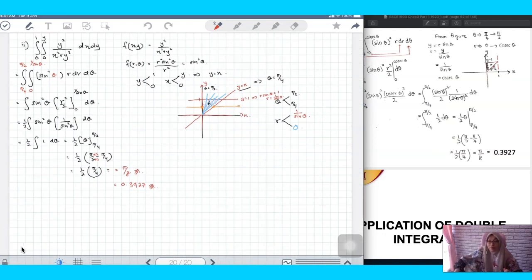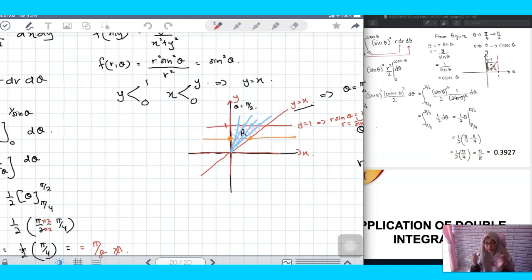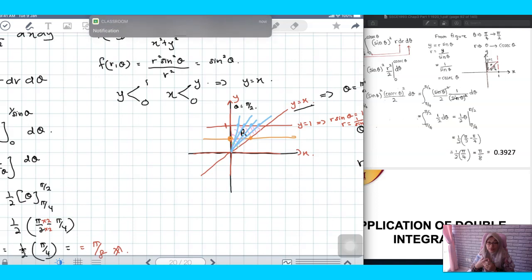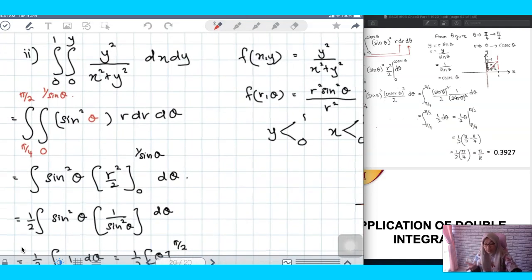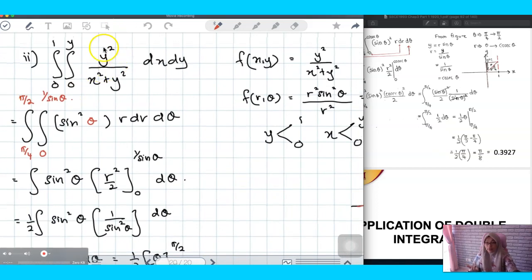Okay, so what I want to say here is, even though sometimes your region is not part of a circle, there is a need for you to transform into polar because of the integrand given. After you apply the polar, it can transform into a simpler form, which is easier for you to integrate.